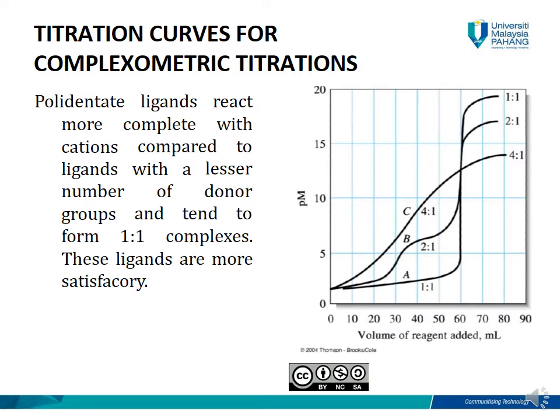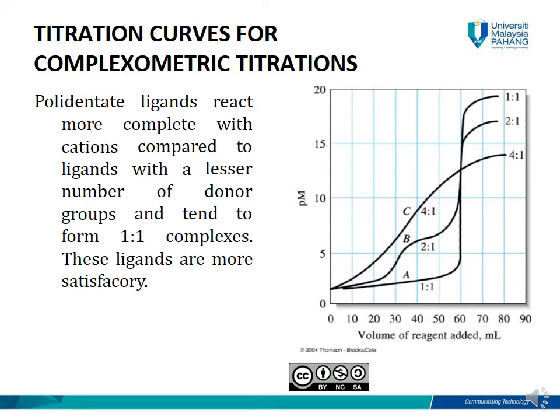The x-axis is still the same, the volume of reagent added, your titrant. From the picture, when there is a ratio of 1 to 1 between metal and ligand, you can see a very beautiful shape of curve.